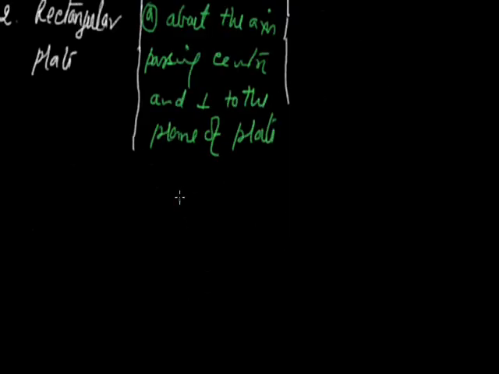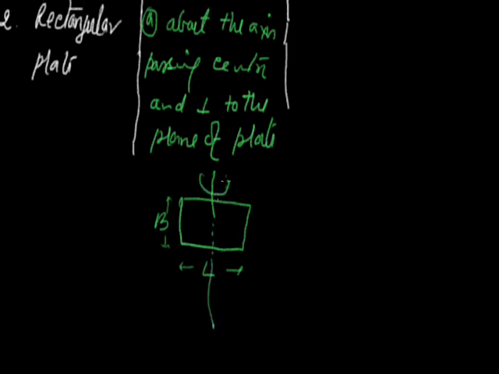This is any plate, length is L, width is B, it is rotating about this axis of rotation, its mass is m, and moment of inertia I will be m times L square plus B square divided by 12.